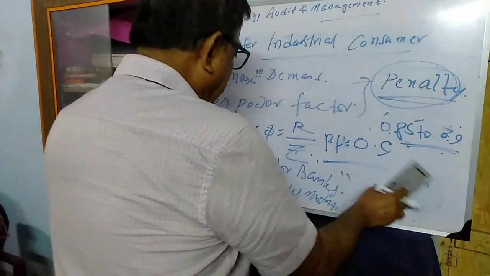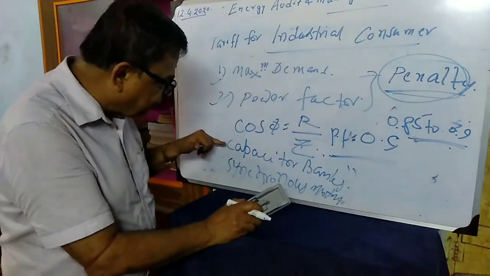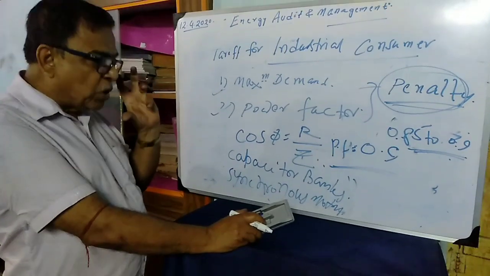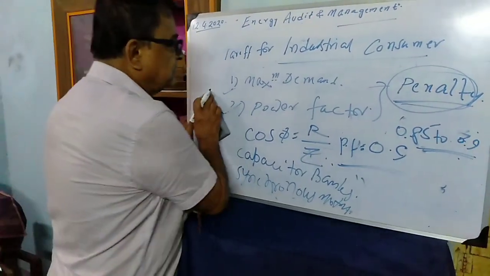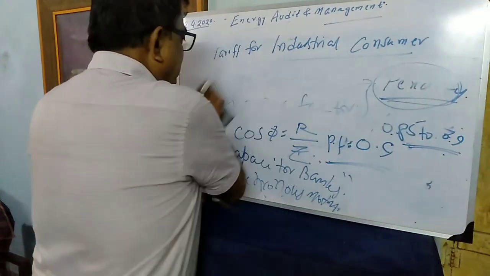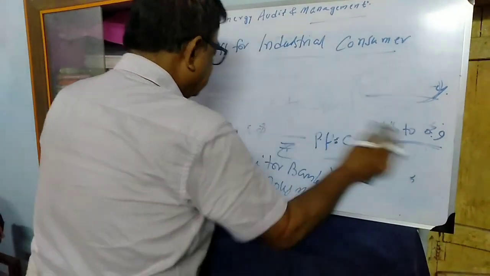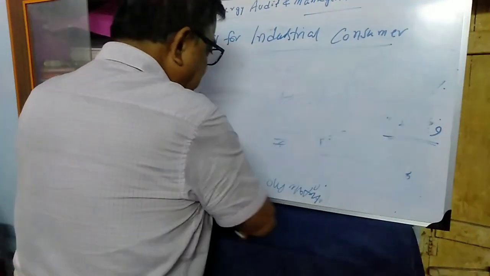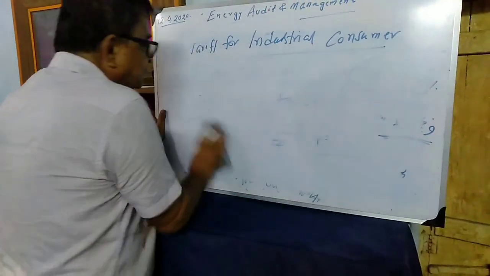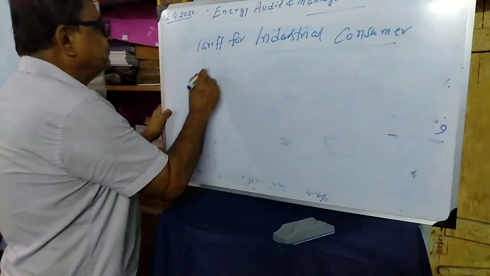But if we cannot afford this, then we can control the power factor in some other ways. I am giving an idea for this. If we select the motor, that means now comes selection of motors.